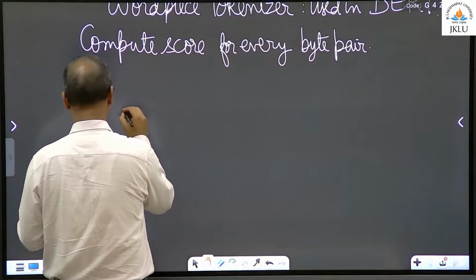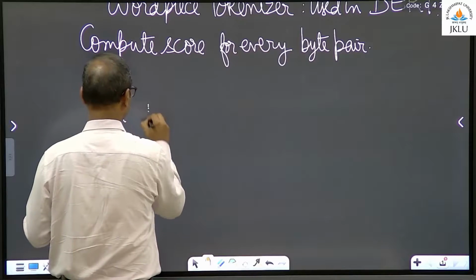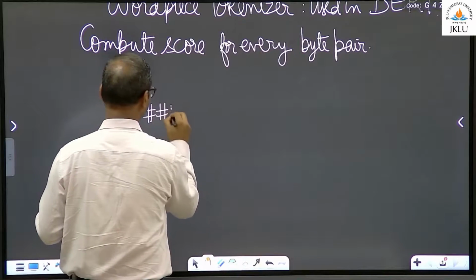So if you want to compute h, hash u, right?